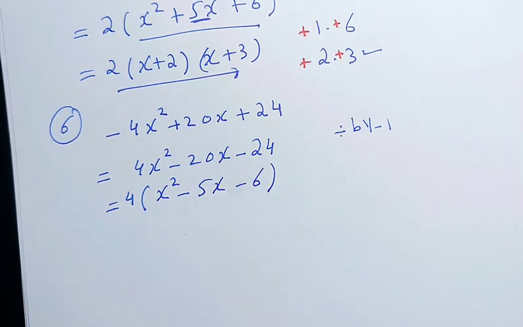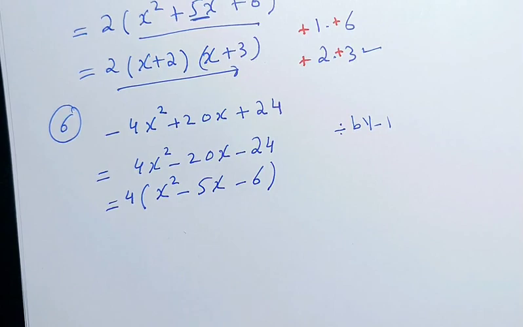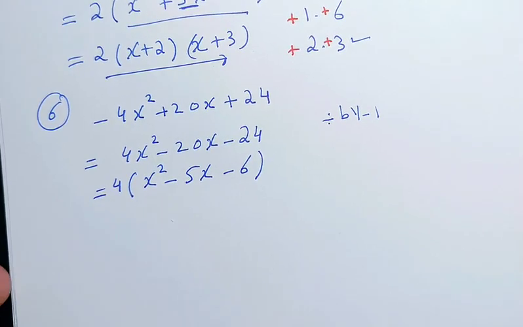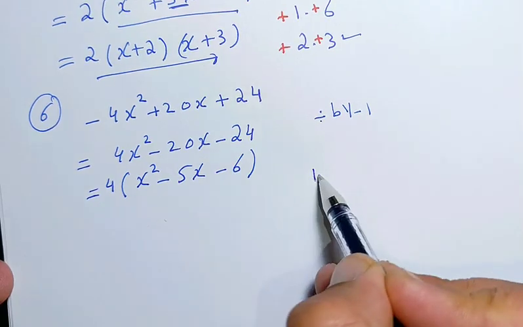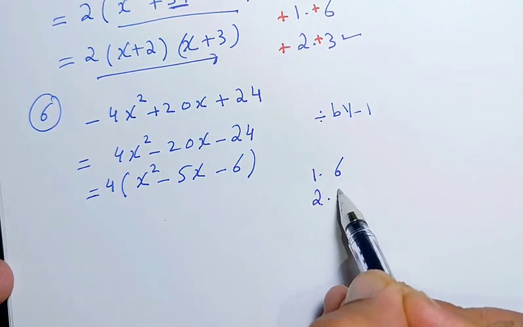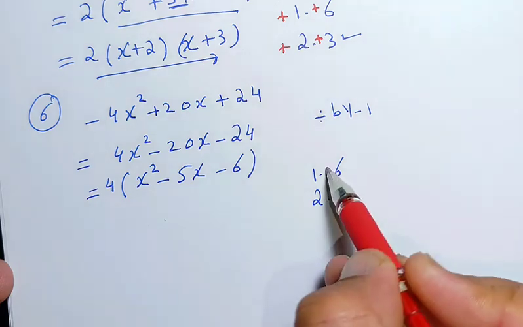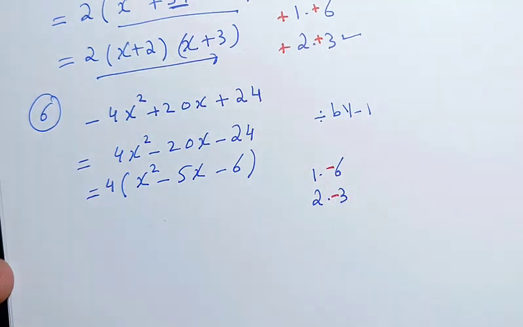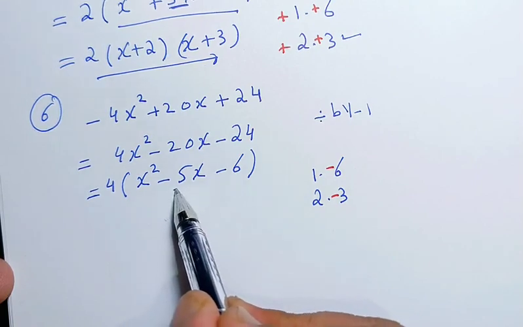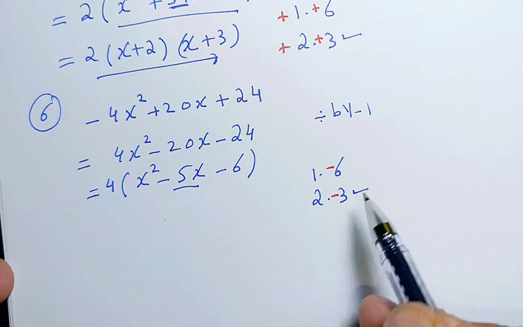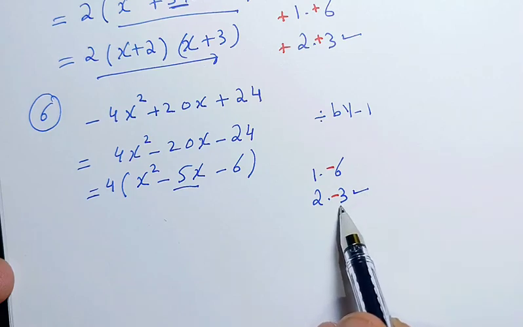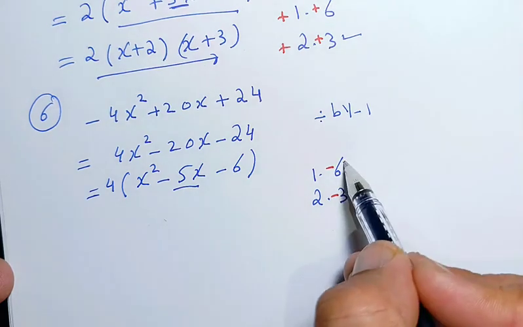Now I'm going to factorize x squared minus 5x minus 6. Find the factors of 6 now. 1 times 6 is 6, 2 times 3 is 6. Now both signs are negative, so the larger number will be negative. Now I need to add. The answer must be equal to negative 5. And 2 plus negative 3, oh, it's not going to work. This is going to work.